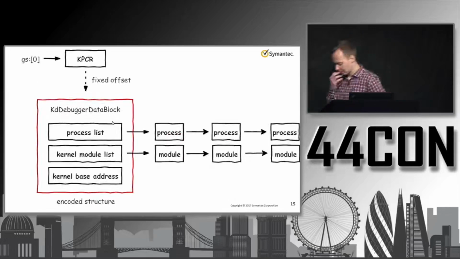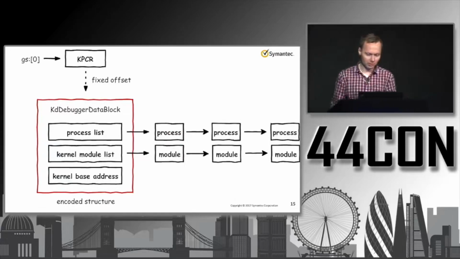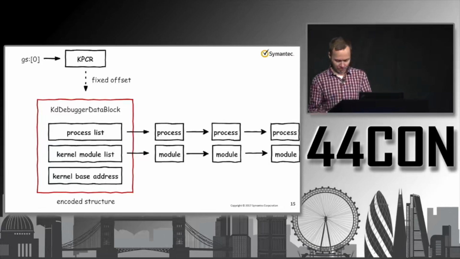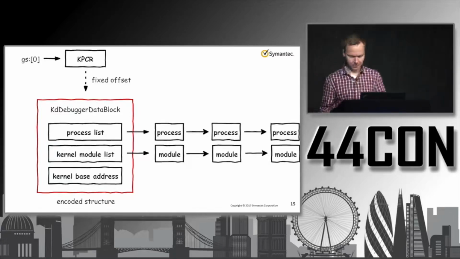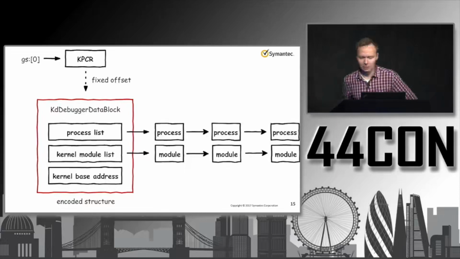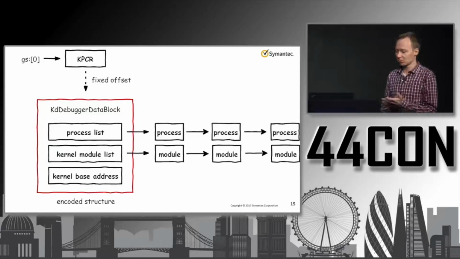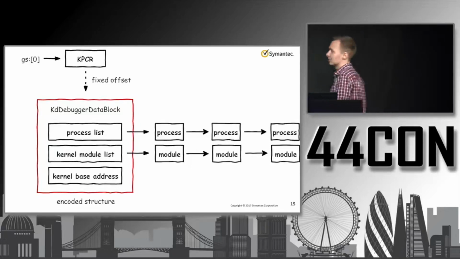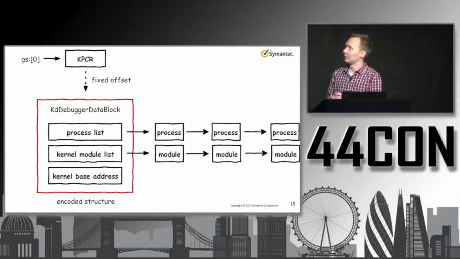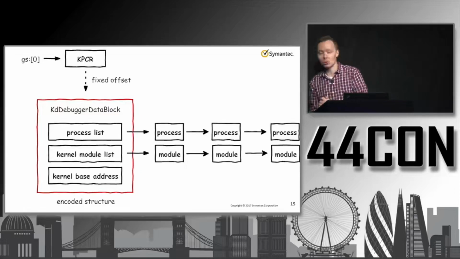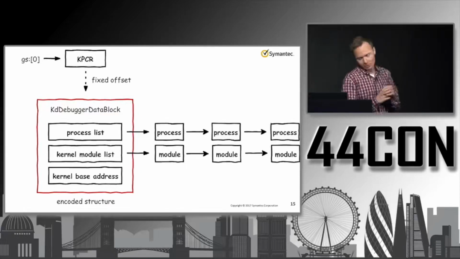Anyway, next challenge is this. As I just showed you how you can list all of the processes and all of the kernel modules, this is actually kept in memory because the kernel needs to use this as well.